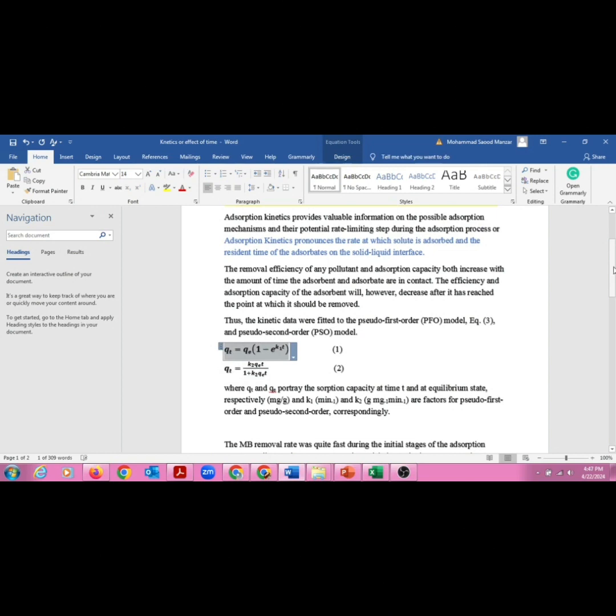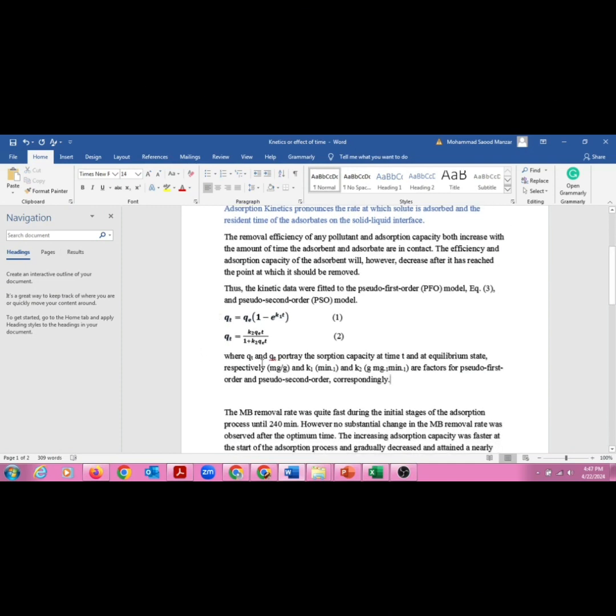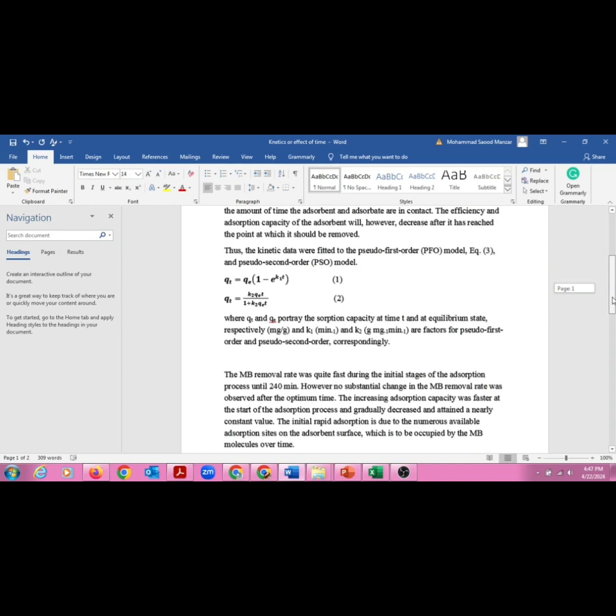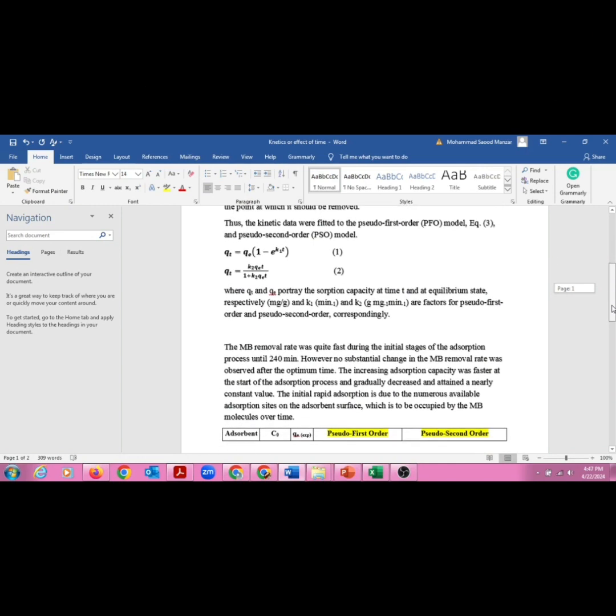We can also apply the non-linear models, pseudo first or second order, and there are other models also like Avrami and interparticle diffusion. I have already uploaded many videos related to non-linear fitting of the different adsorption kinetic models. Here Qt and Qe are the adsorption capacity at time t and at equilibrium condition, and K1 and K2 are the constants.